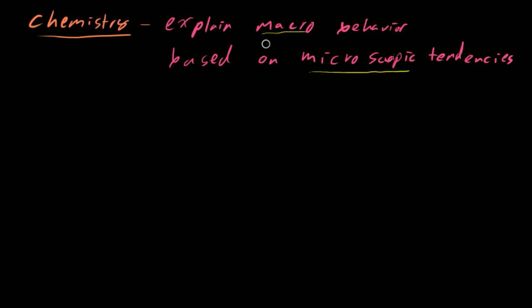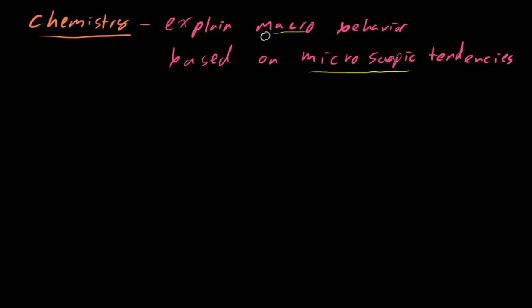We're going to be looking at some acids and saying, why do acids react with metals? That's a macroscopic behavior. When we put a little piece of aluminum foil into contact with hydrochloric acid, you definitely see a reaction.